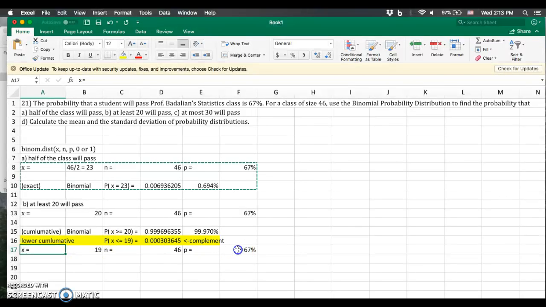It's really slow. I cannot highlight things. Okay, I'm just going to put this in.